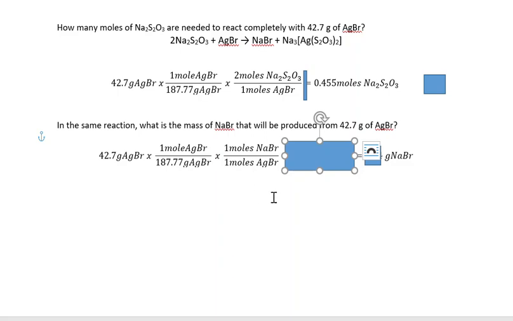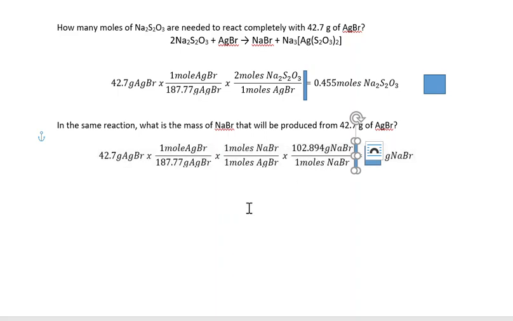And the only next thing I have to do is convert from moles of sodium bromide to grams of sodium bromide. And to do that, I look up the atomic mass of sodium and the atomic mass of bromine, and that tells me how many grams there are of sodium bromide in 1 mole.